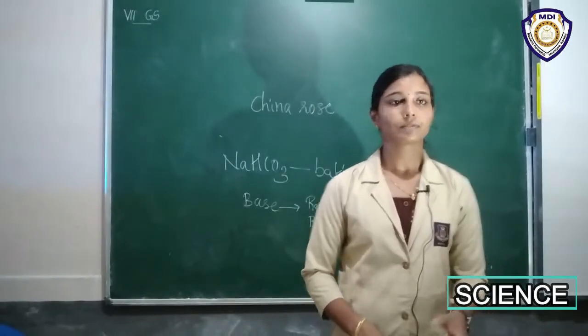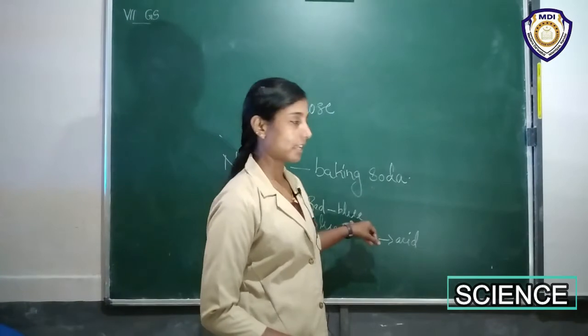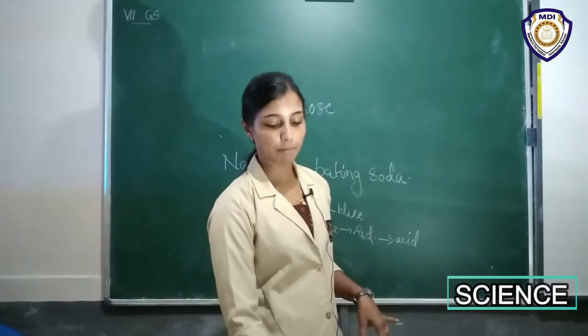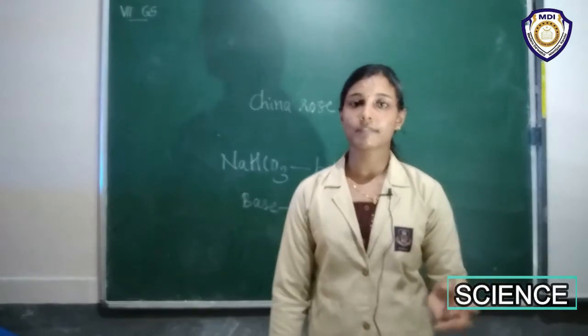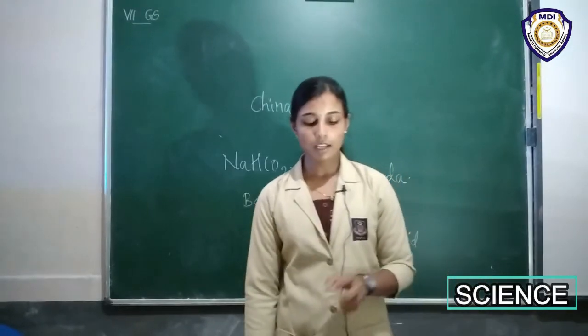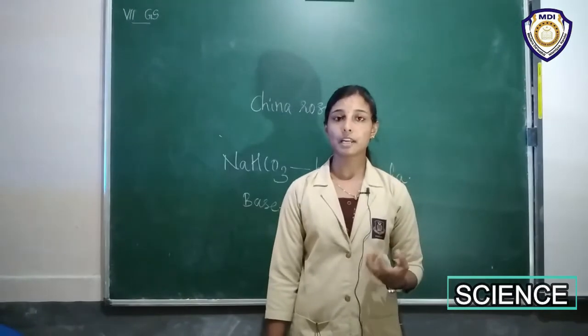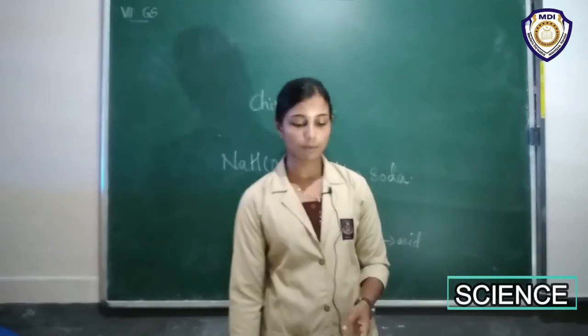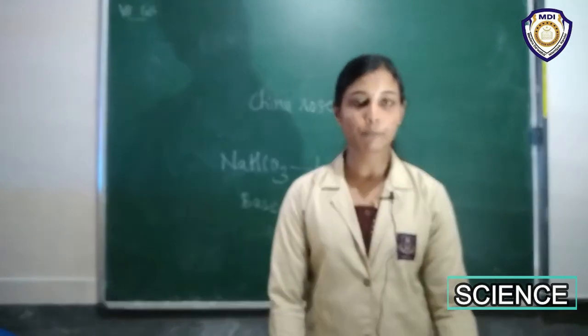The red litmus will change its color into blue, the turmeric paper will change its color from yellow to red, and the China rose solution will become a greenish color. So that is activity 5.4.